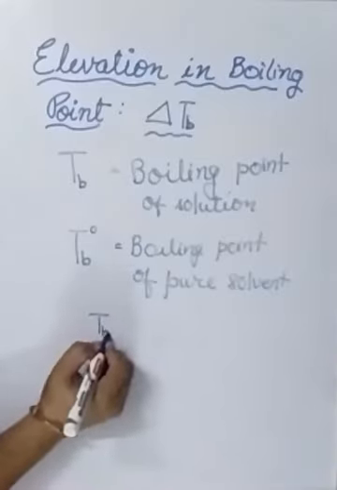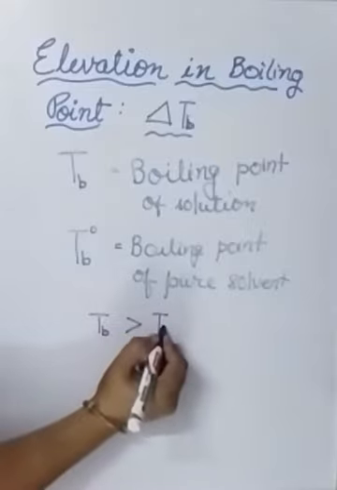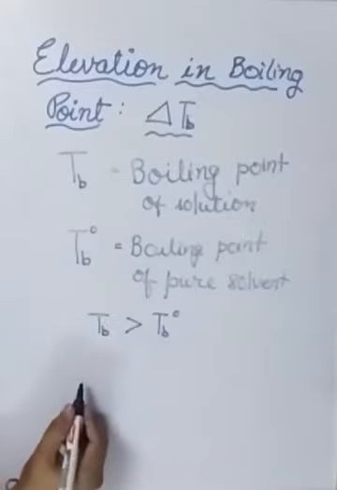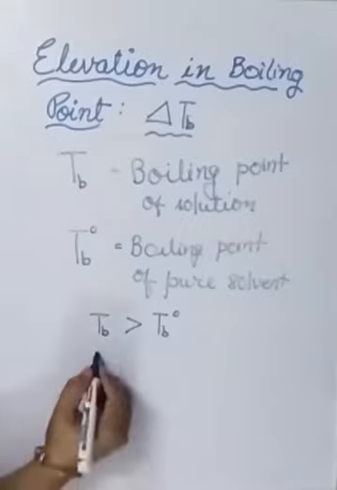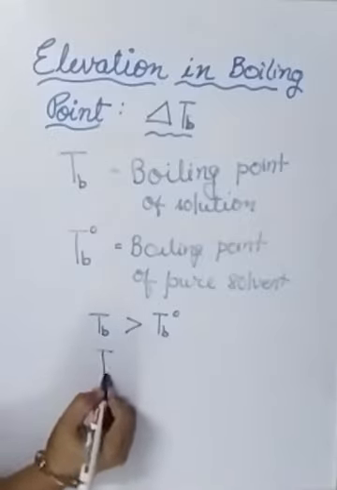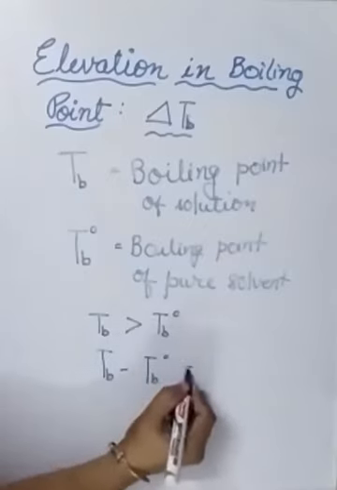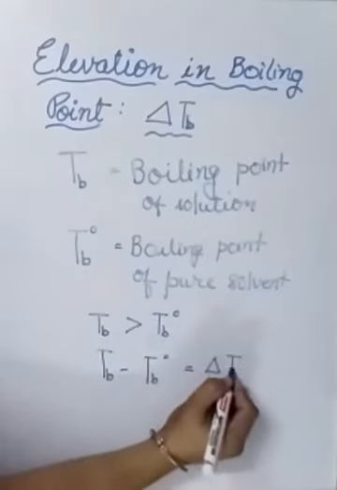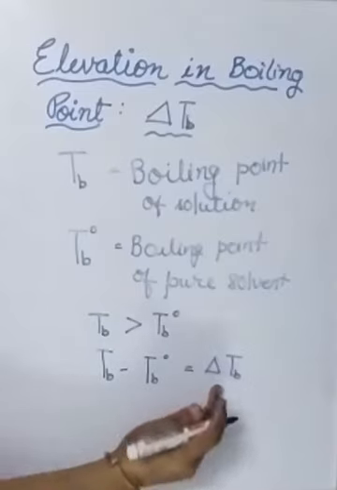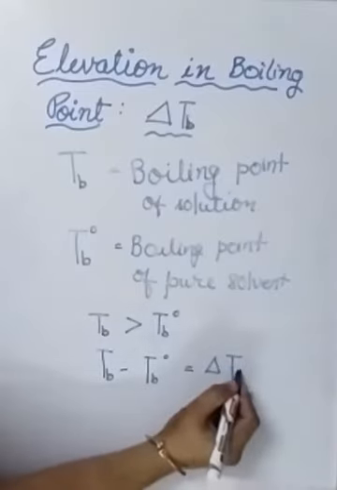That means Tb is greater than Tb naught. Since Tb is greater than Tb naught, Tb minus Tb naught will be del Tb. This del Tb is the elevation in boiling point.